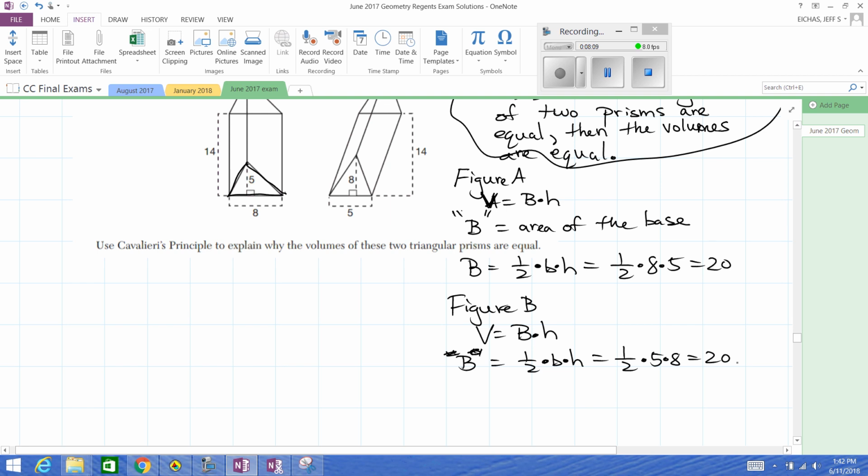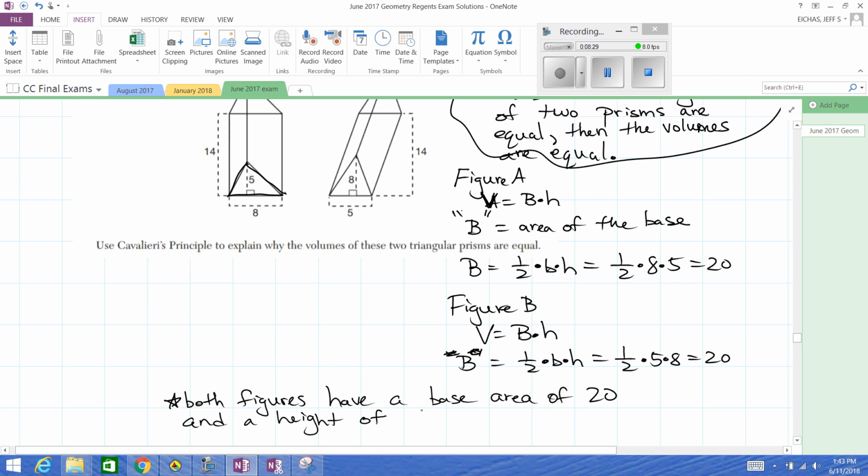Okay, so both figures have a base area of 20 and a height of 14.